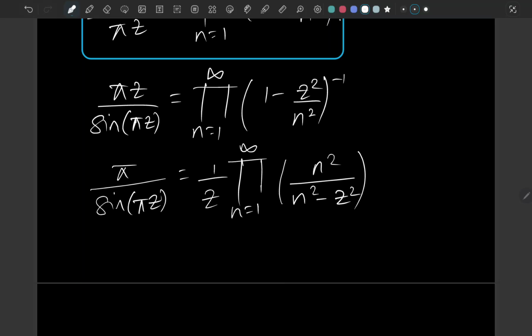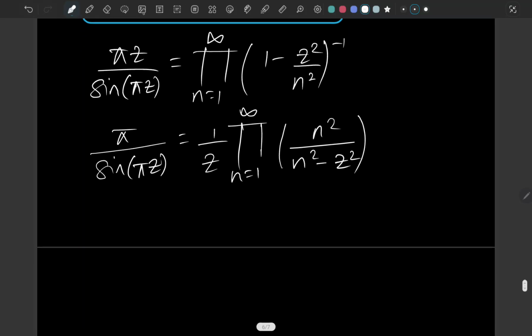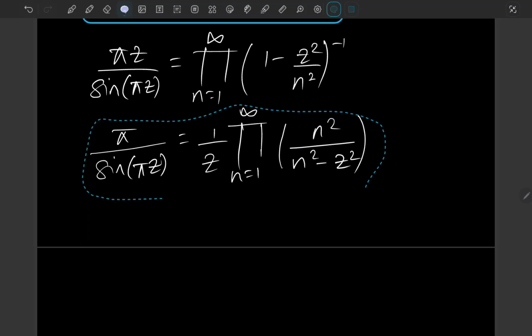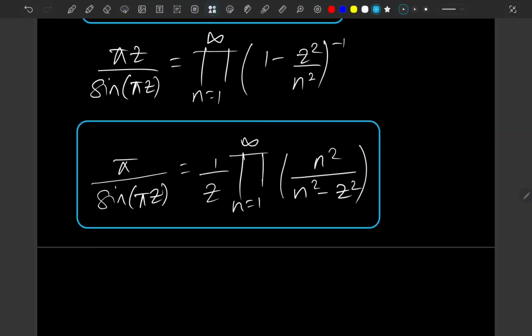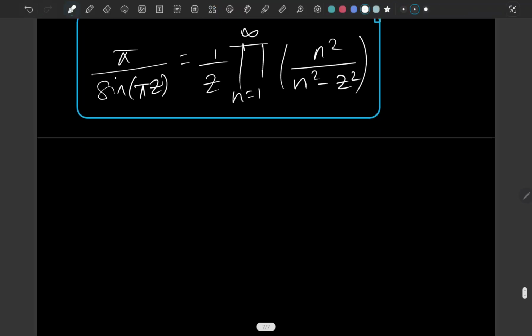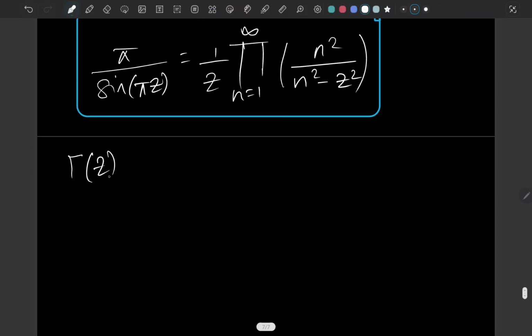And here it is. This is Euler's reflection formula, and I have proved this multiple times, I think more than 1 or 2 times actually. And this evaluates to gamma of z times gamma of 1 minus z.